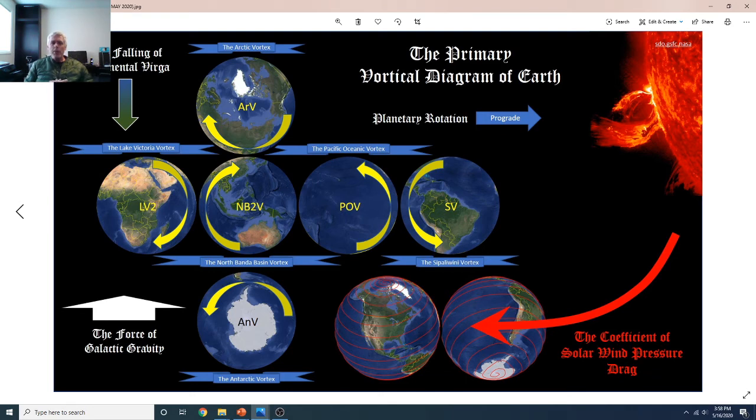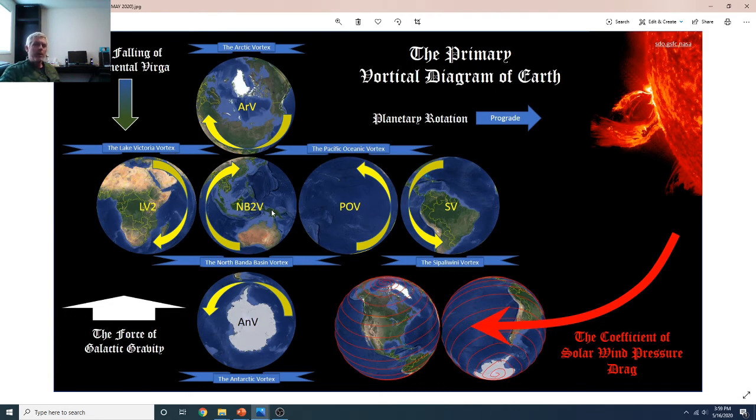So this is the primary vortical diagram of Earth. Ladies and gentlemen, here's how the vortices work. So you have the Lake Victoria LV2 vortex right here. Because it's Victoria vortex, so it's two V's.